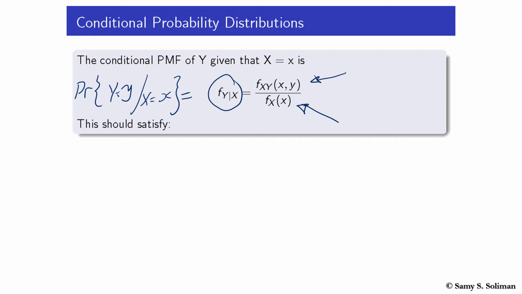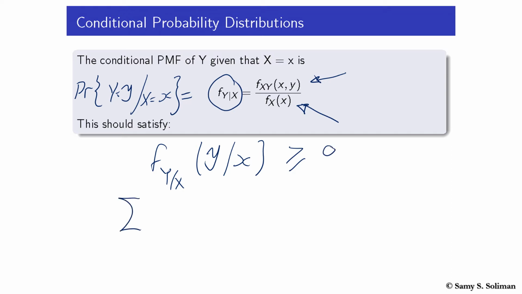Since this is a probability mass function, what conditions should it satisfy? Of course, it should satisfy the three main conditions of any probability mass function. First, f of y given x, for a specific value of y and a specific value of x, should be larger than or equal to 0.